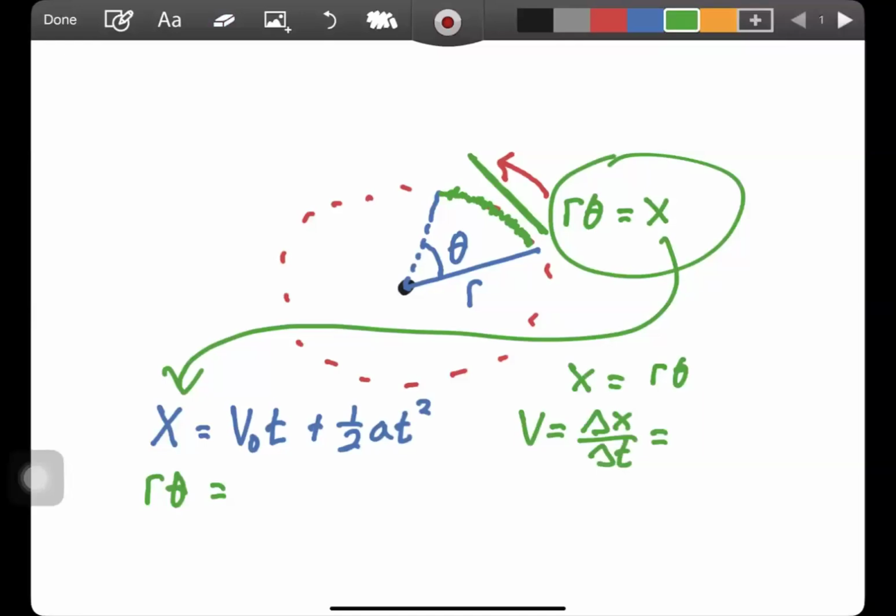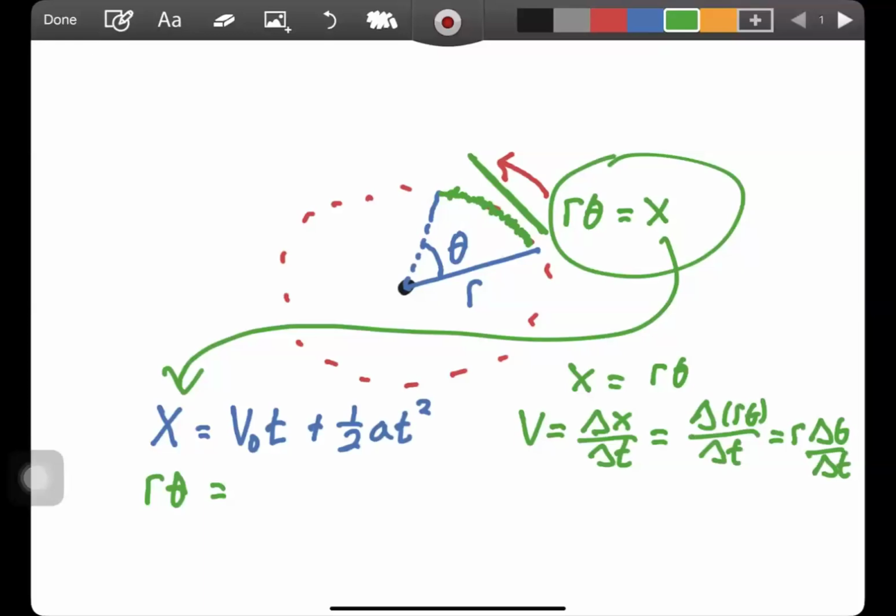But because x is equivalent to r theta, I can say that the velocity is equal to the change in r theta over the change in time. And for uniform circular motion, r is constant. So I can bring that r out and say that it's r delta theta over delta t.